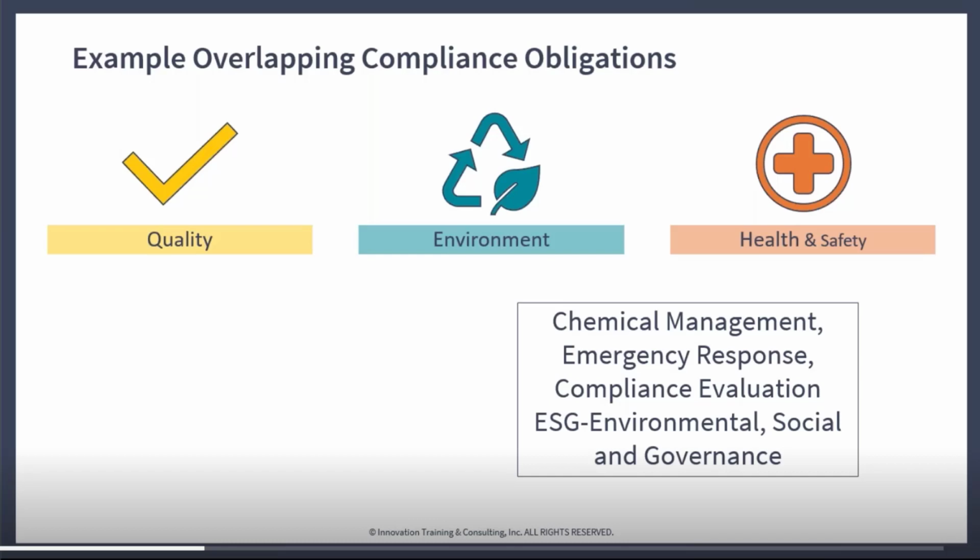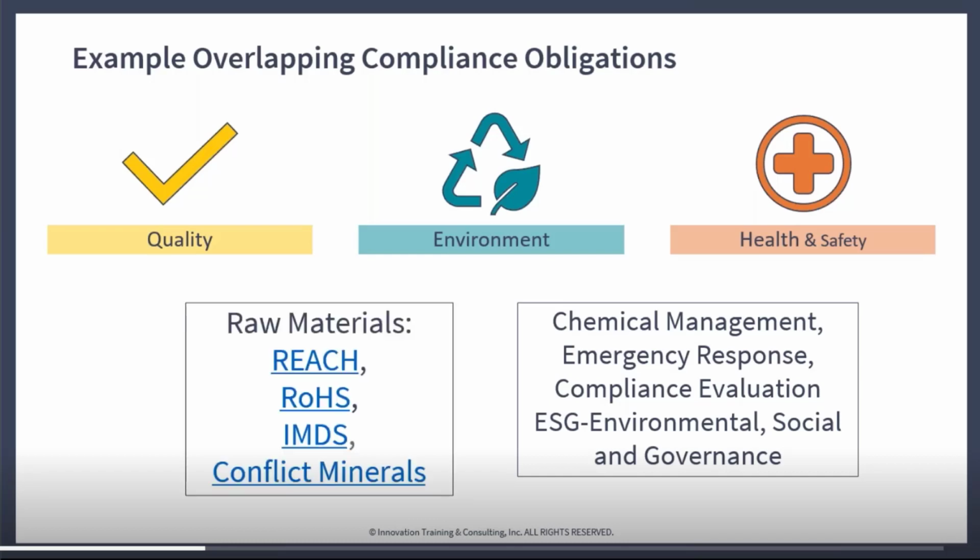So customers in the European Union drive these programs through prohibited materials. So REACH is the registration, evaluation, authorization, and restriction of chemicals. RoHS is the restriction of hazardous substances in electrical and electronic equipment.